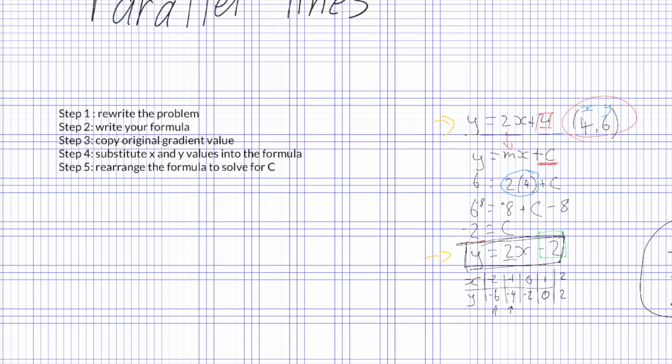Remember, what you do to one side of the equal sign, you have to do to the other. In this case, we've multiplied 2 by 4 first to give us positive 8. And then after that, we've decided to subtract. So that's where we've gone with that.